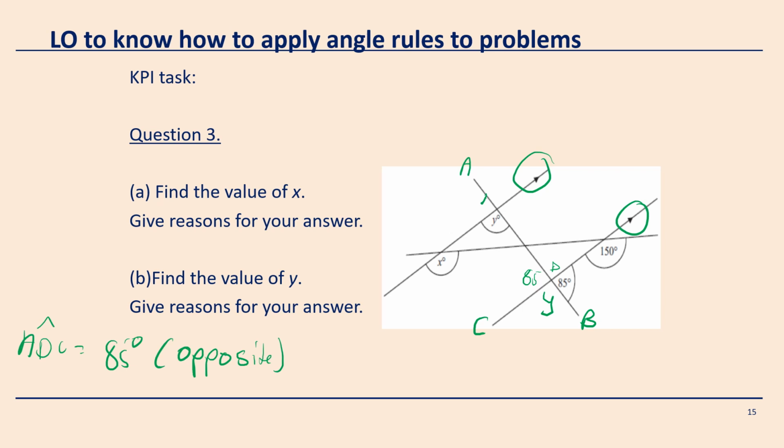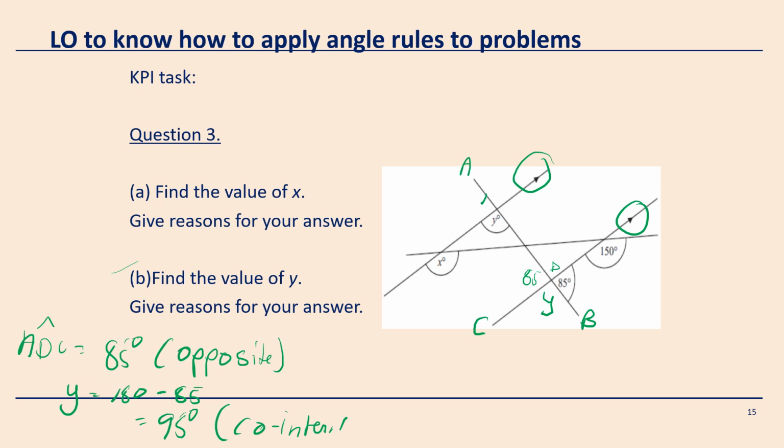Okay, now you've got a co-interior, so Y equals 180, take away 85, which is 95 degrees, co-interior.